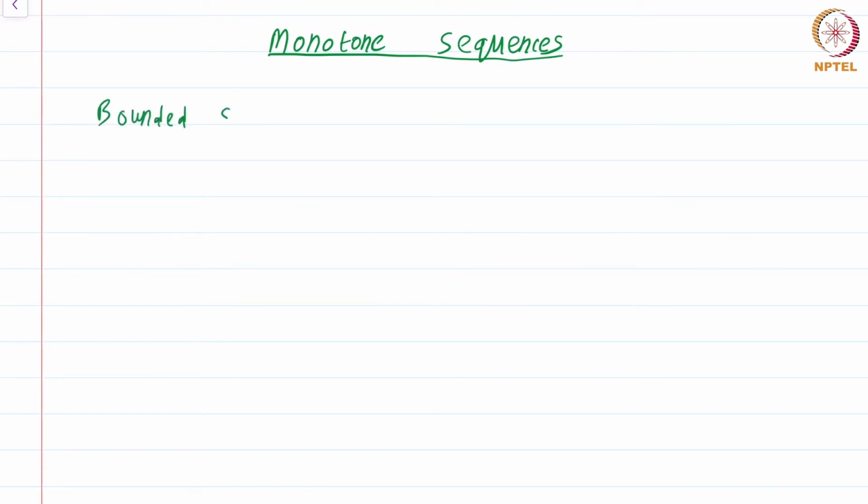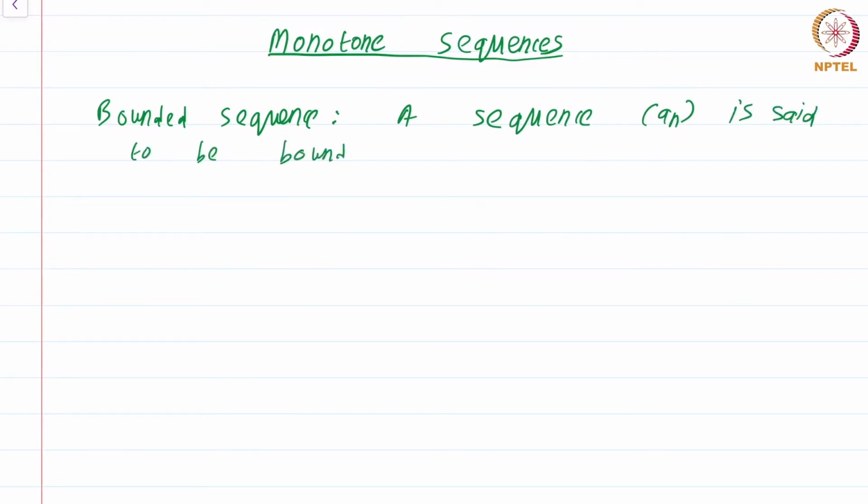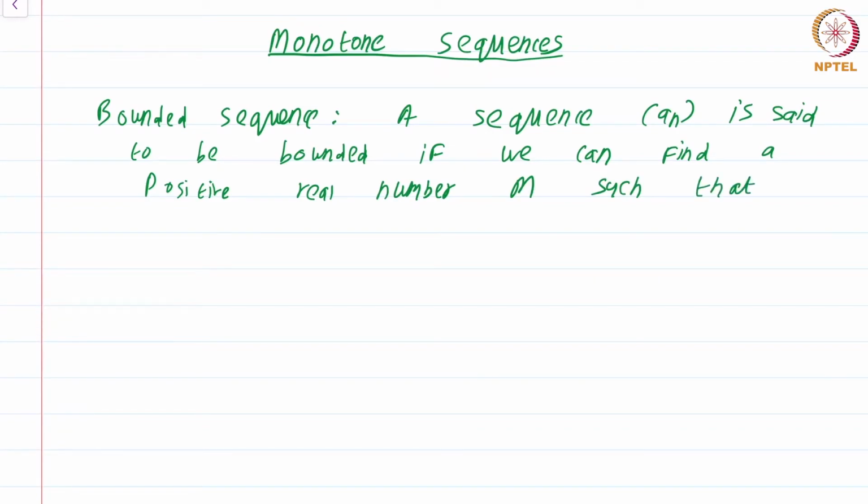A sequence A_n is said to be bounded if we can find a positive real number capital M such that mod A_n is less than M for all n in the natural numbers.